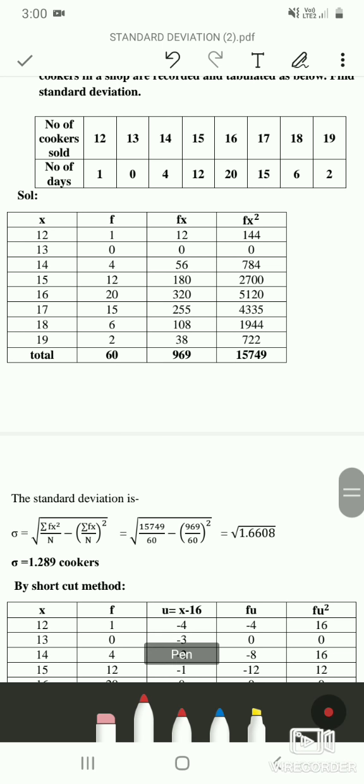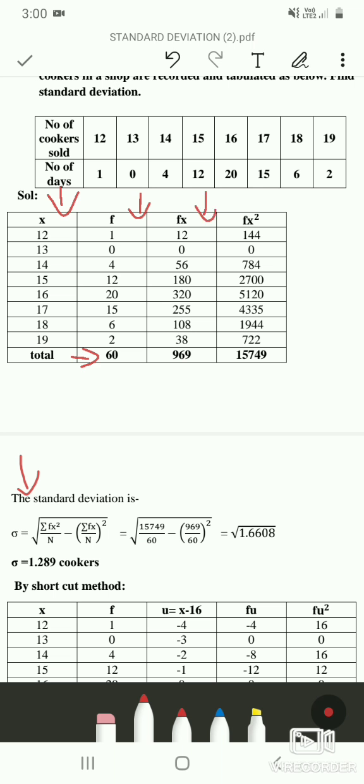Write the formula of standard deviation, which is the square root of summation fx square divided by capital N, minus summation fx divided by capital N, whole square.